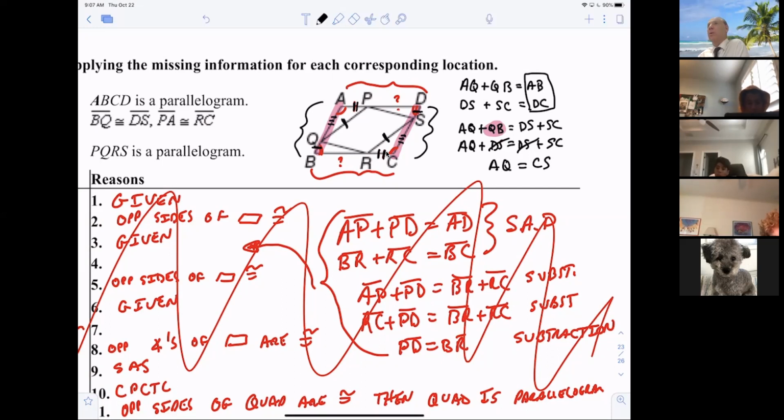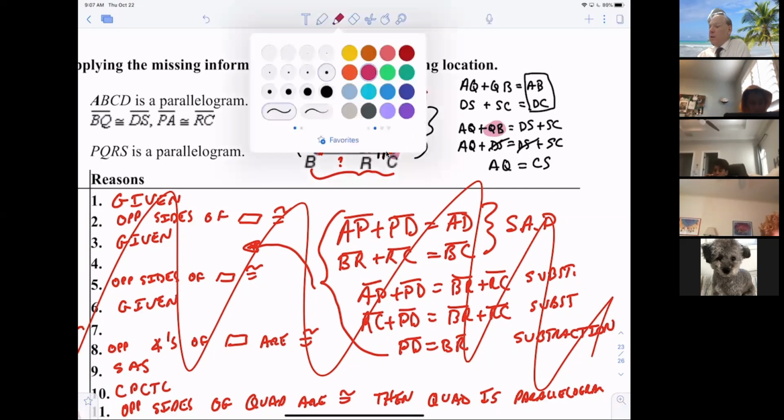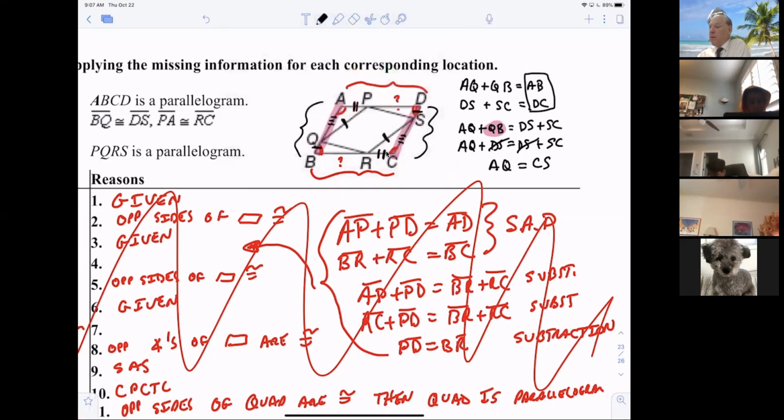Everybody agree? Now you do the same exact thing with the other side, with QR and PS. Same exact process.